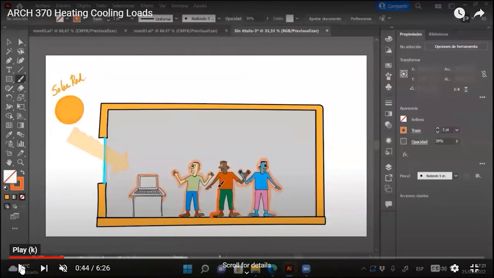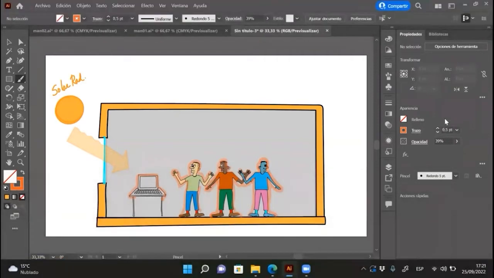We touch the equipment, not only computers, but refrigerators and vending machines. So everything is releasing heat to the indoor air. Okay, so those are the internal gains. And we need to be aware that we have a source of heat inside the building. So we are radiating heat to the indoor air. And those are internal gains.